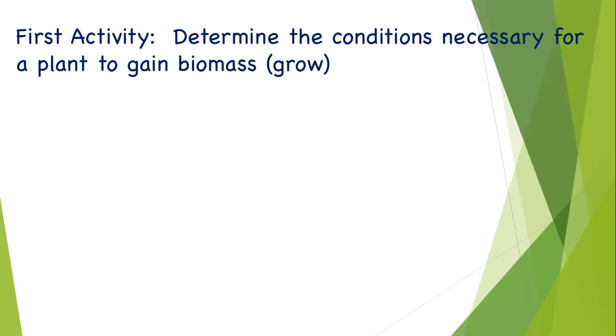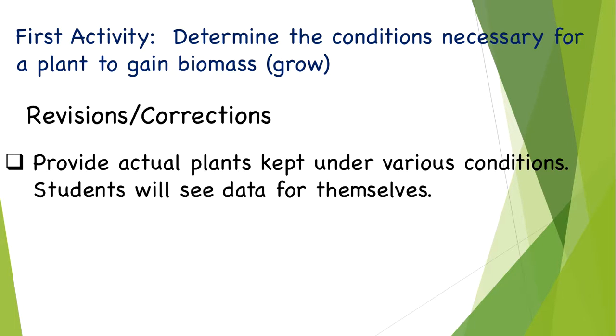In our first activity, students were meant to determine the conditions necessary for a plant to gain biomass or grow. Revisions and corrections planned here include providing actual plants kept under various conditions, allowing students to visualize what the provided data represents.